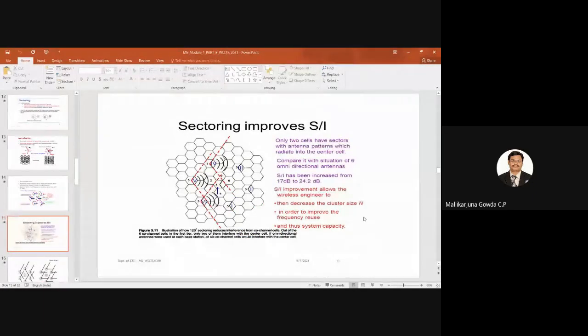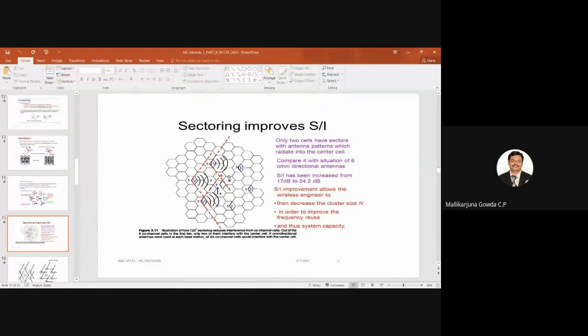Instead of using omnidirectional antennas, if I use these sector antennas, only one central cell will be experiencing interference from these two sectors, with 120-degree sectoring.